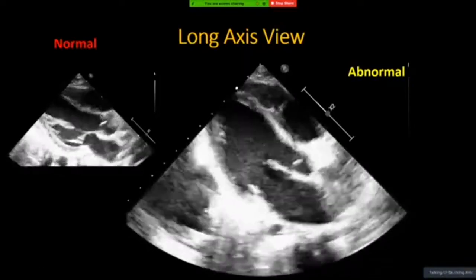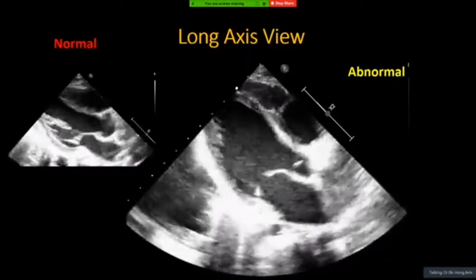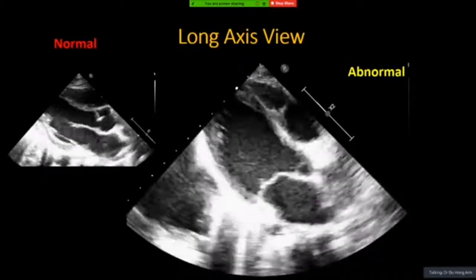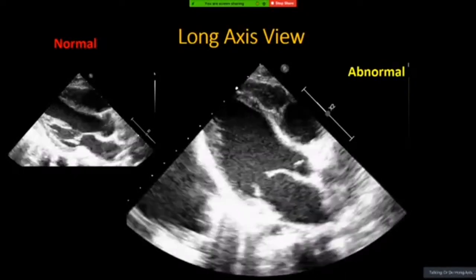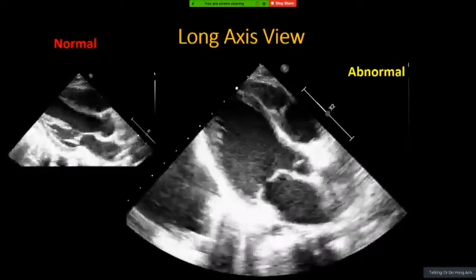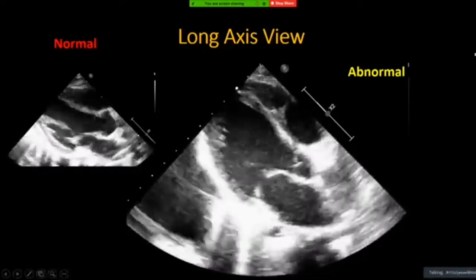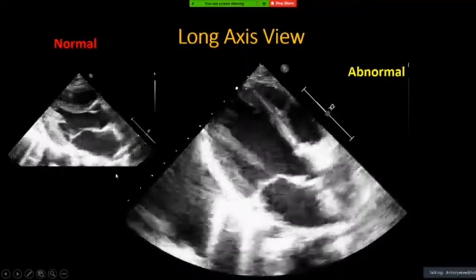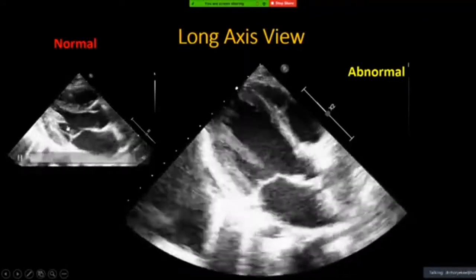Then you think that the patient has LV dysfunction, systolic dysfunction, and the patient also has a pleural effusion. Okay, all right. So when you look carefully, we go systematically. Remember, we start from the chamber size.